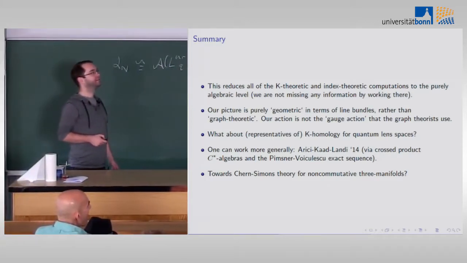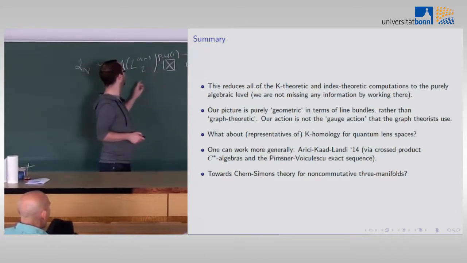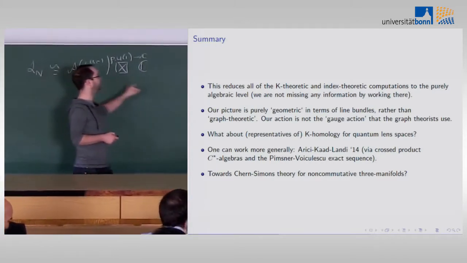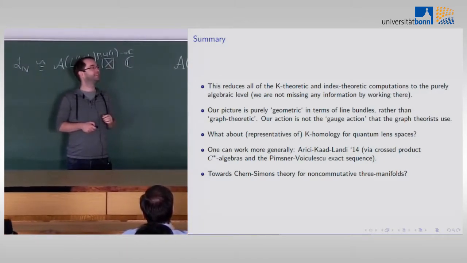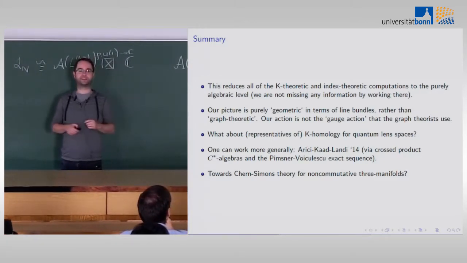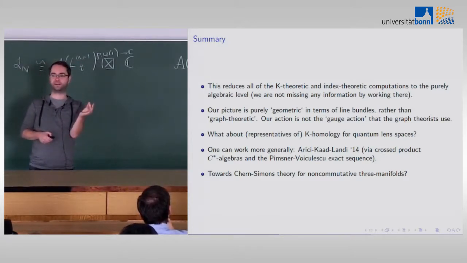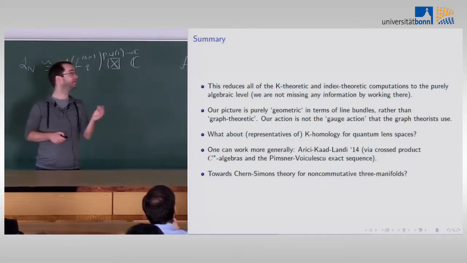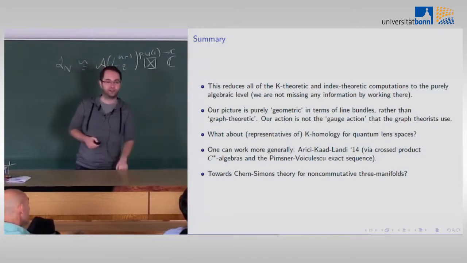And as a word of warning to those of you who know the graph theoretic picture, the action that we have, this geometric U1 action which reduces from the lens space to the projective space, is not what the graph theory people call the gauge action. The gauge action is the thing which multiplies the graph theoretic generators by an element of U1. Our action multiplies the geometric generators by an action of U1, and these are not the same.